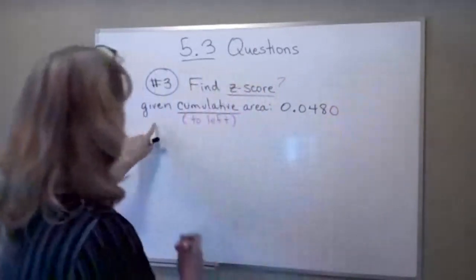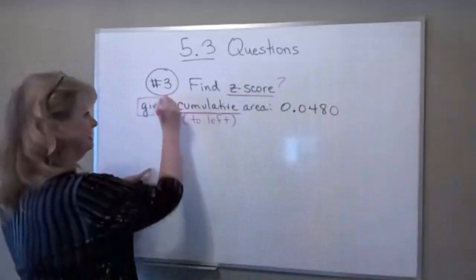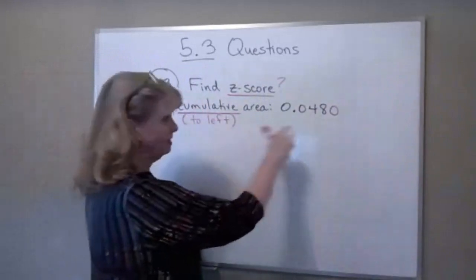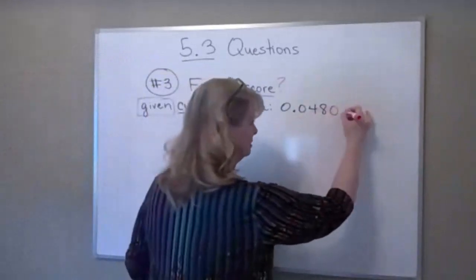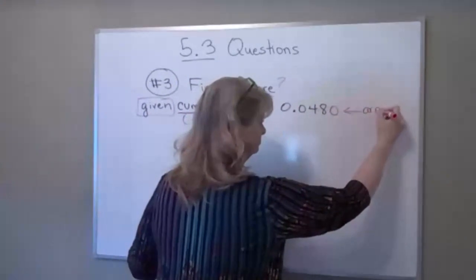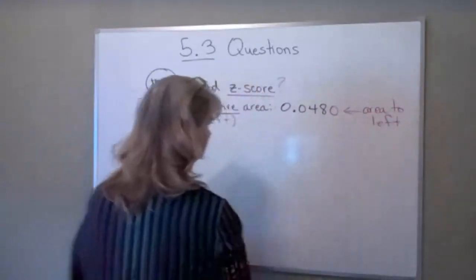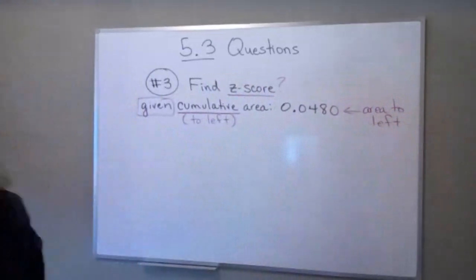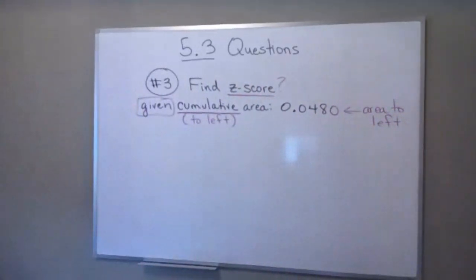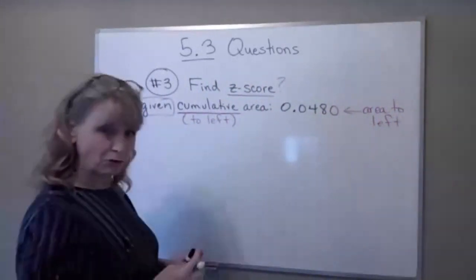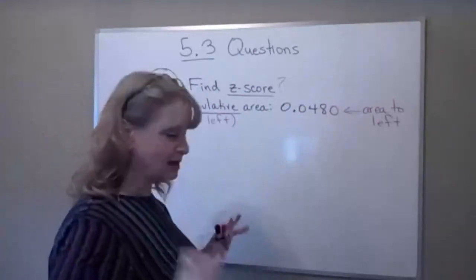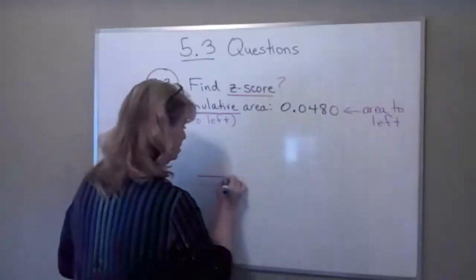On this one, what we're given is the area, so this is the area to the left. And if I were to draw a picture of this, and I'm going to draw a picture, I'm going to really talk about this to make sure everybody's got it straight how to use it backwards.